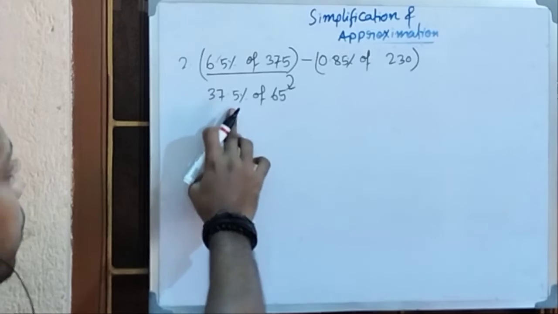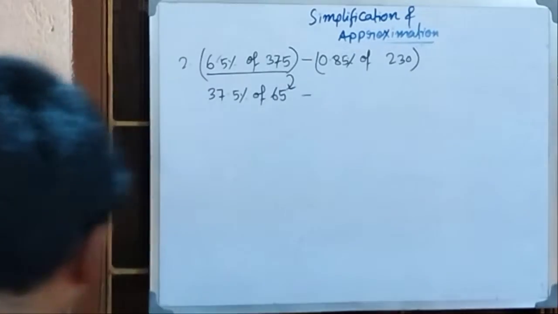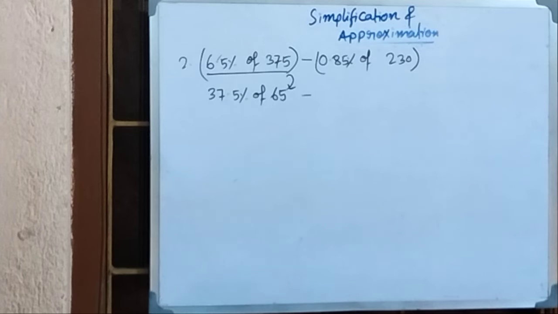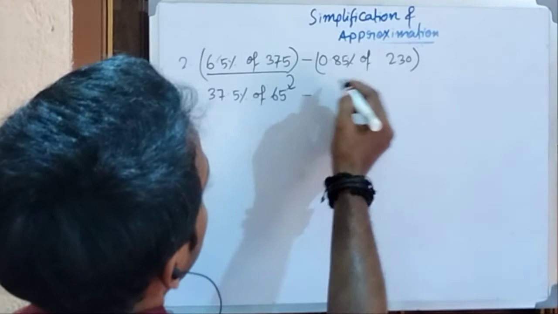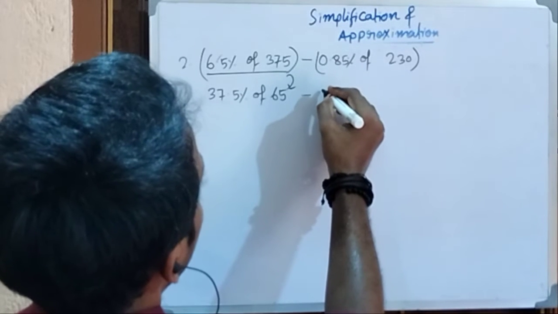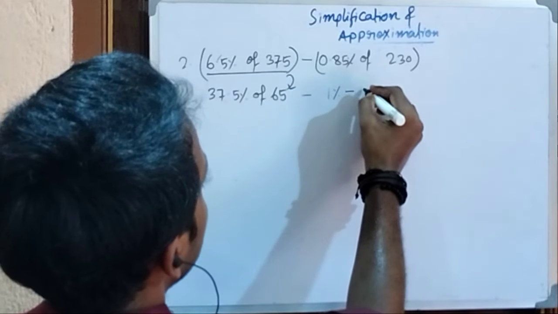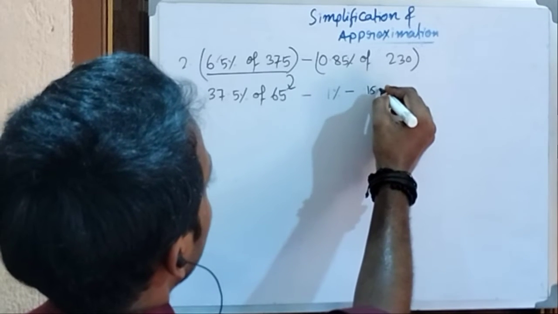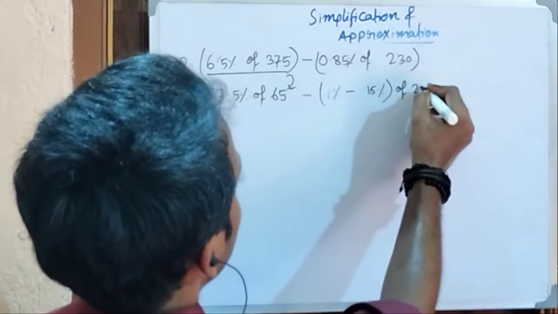So 37.5% of 65 plus, okay, is it minus? Let me check. Yeah, it's minus. Okay, now if I take 1% minus 0.15% of 230.